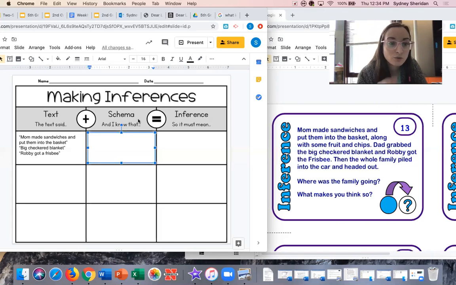So what things do we know using these text details? What things do we know about these supplies and materials that are going to help us figure out where the family's going, so we can make an inference.